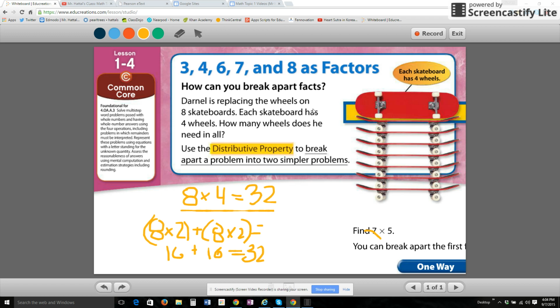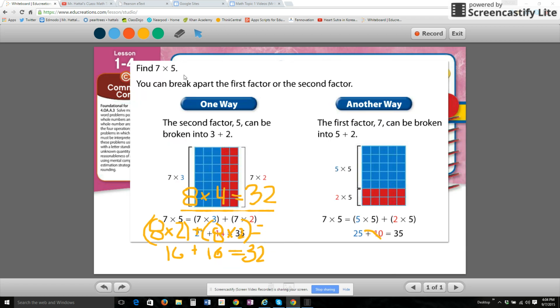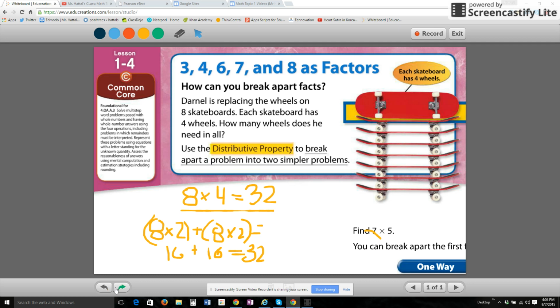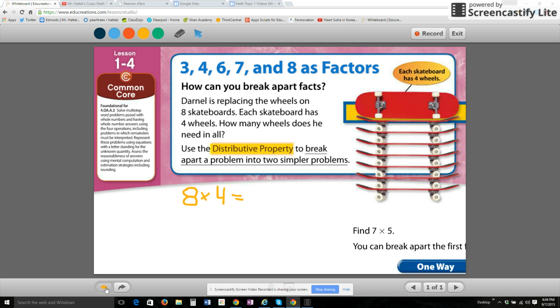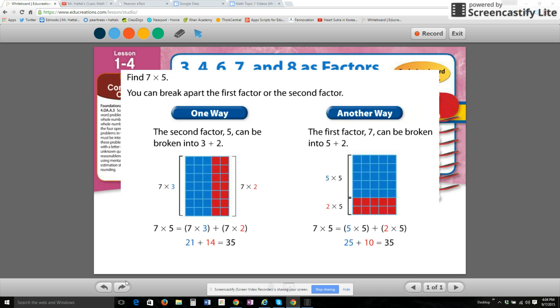All right, if we take a look at this right here, 7 times 5, you can break apart the first factor or the second factor.